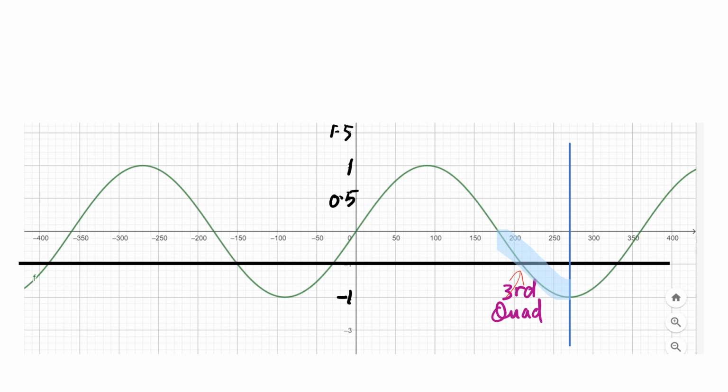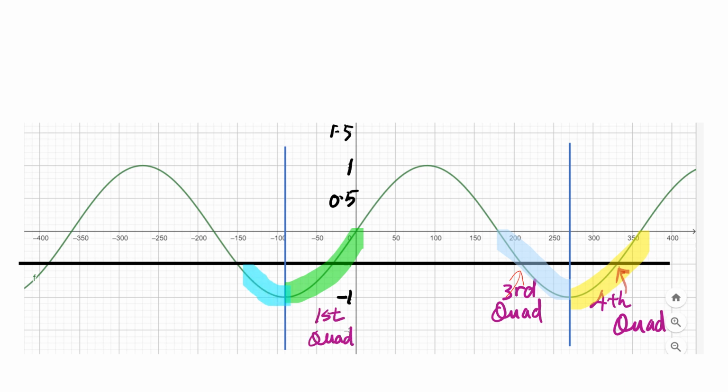Then the second intersection point here will come from the fourth quadrant. For the negative angles, it will come from your first quadrant and the second quadrant.